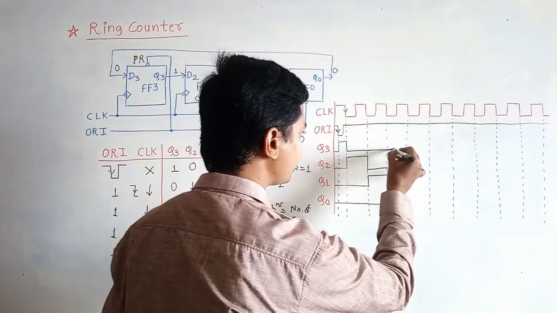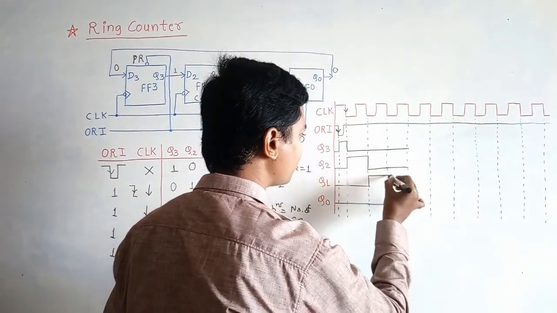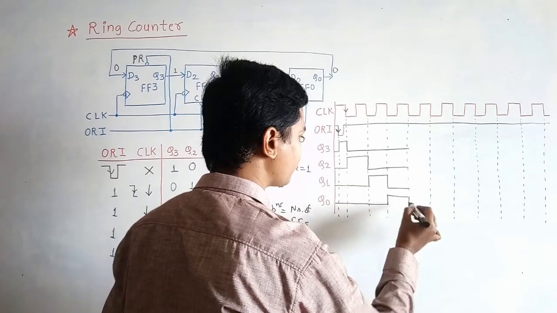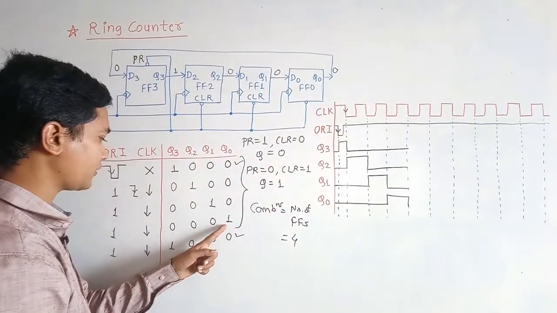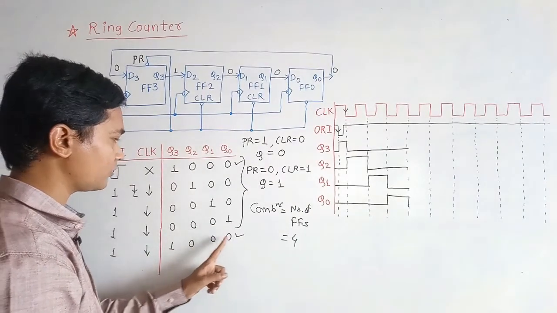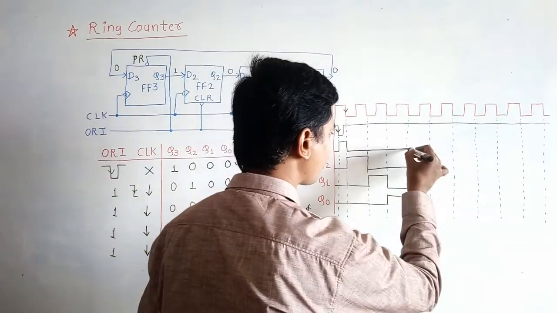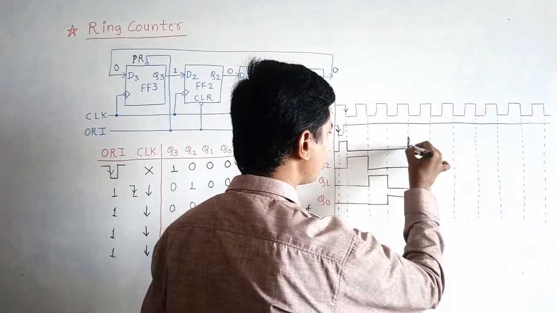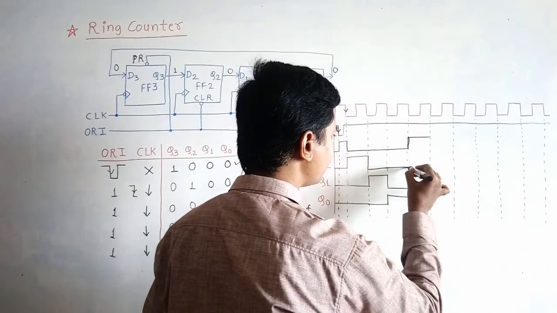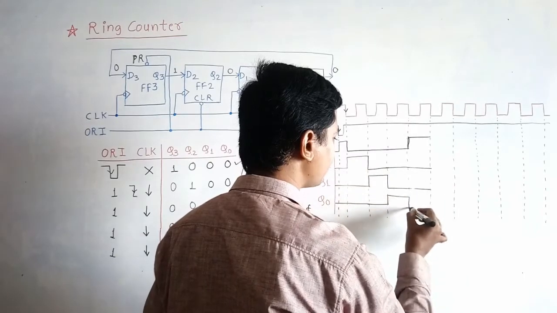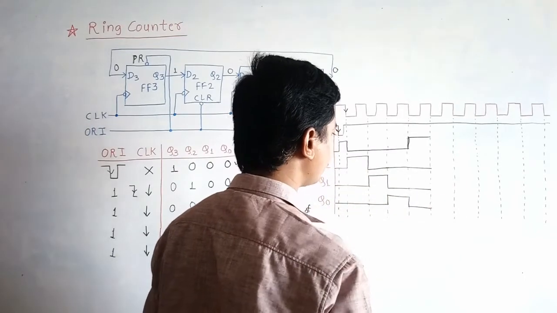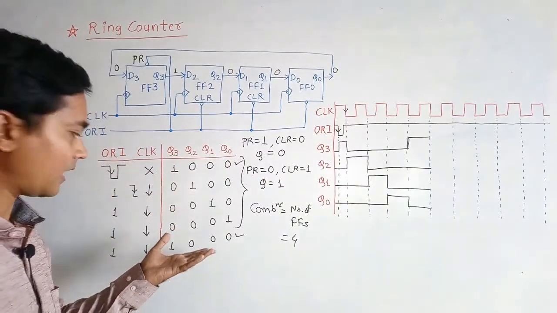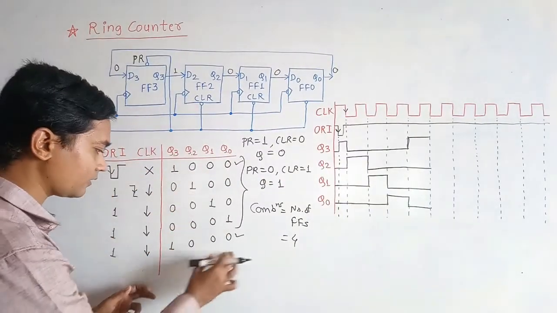So draw here 0 0 0 and 1. And for the next clock pulse, 1 0 0 0. Again if you repeat this timing diagram, or draw the next combinations, then you will get the same 4 combinations once again.